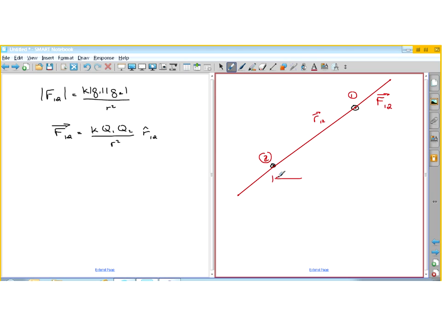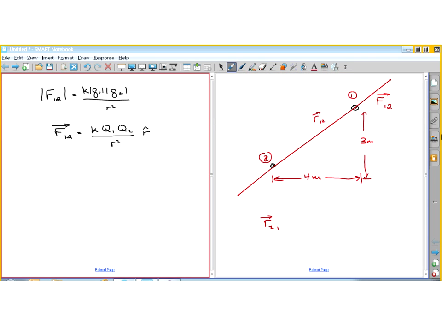So let's get some dimensions here. Let's say we have 4 meters in the x direction, and then we have 3 meters in the y direction. So we would say that the position vector between charge 2 and 1, and actually I've got my subscripts wrong on this, this should be the force on charge 1 from charge 2.